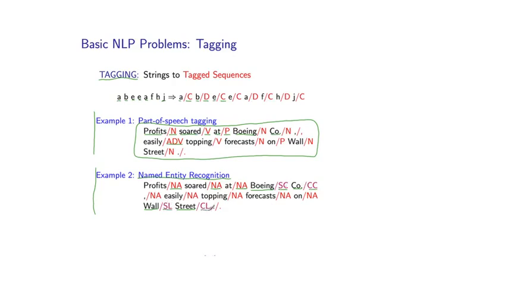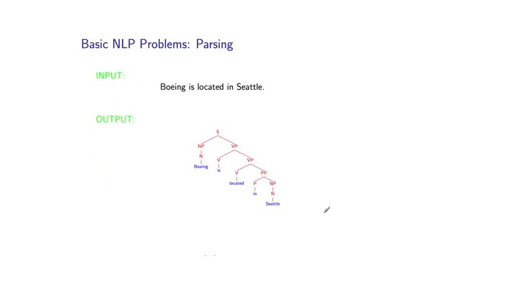CL means we have the continuation of a location. So again, abstractly, a tagging problem is the problem of mapping an input sequence of items, usually words, to some tag sequence where each word in the sequence has an associated tag. These are two key problems, and there are many, many others.